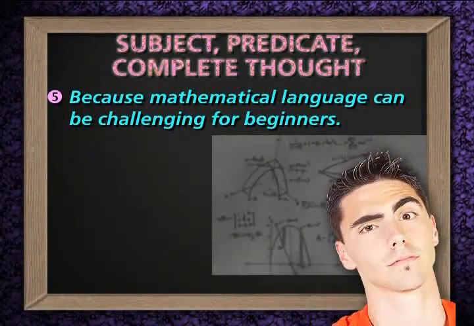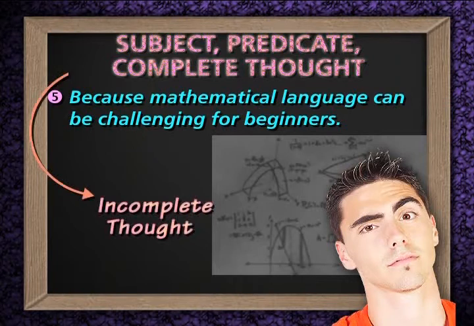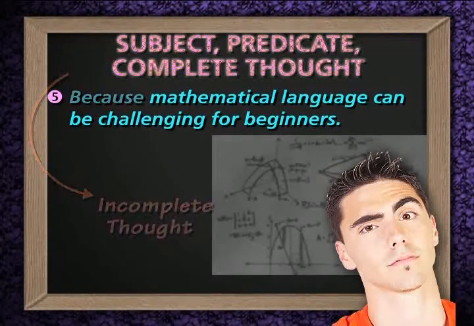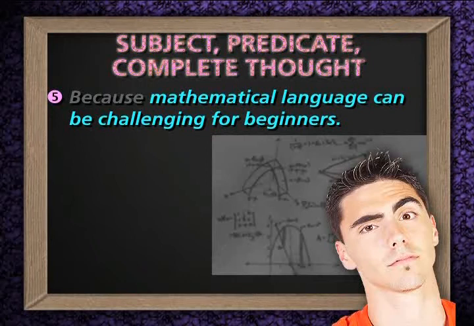Number 5, because mathematical language can be challenging for beginners. Well, that doesn't make sense. Because, so what happens as a result of that because? It's an incomplete thought. I'm going to delete the word because. And since my sentence is now starting with mathematical, I'm going to make that uppercase.